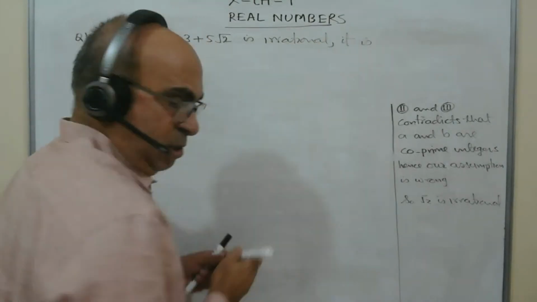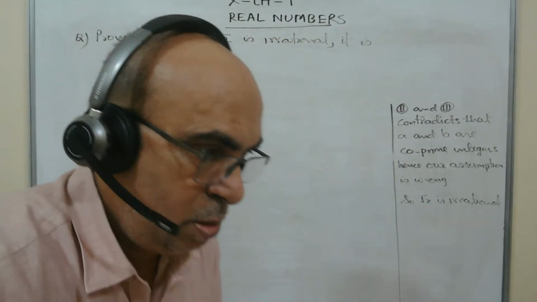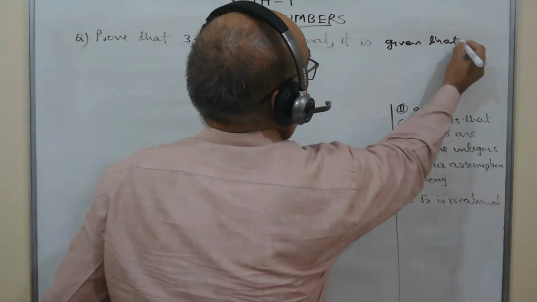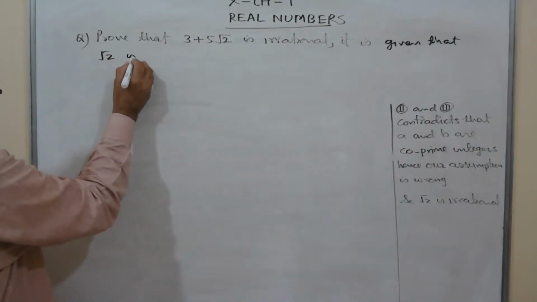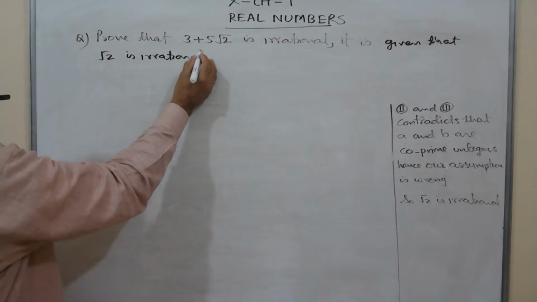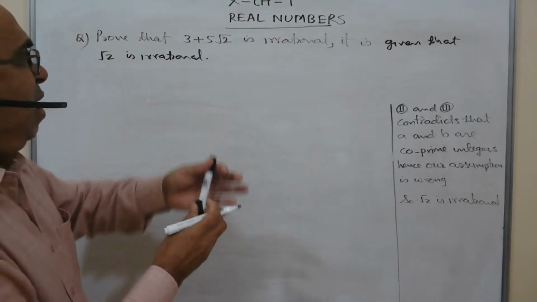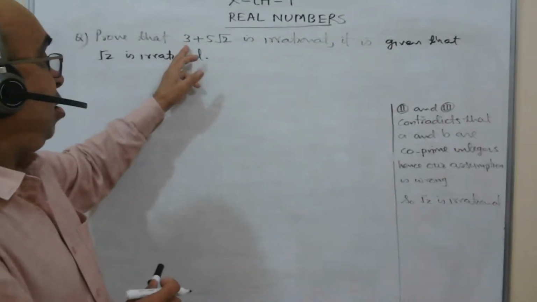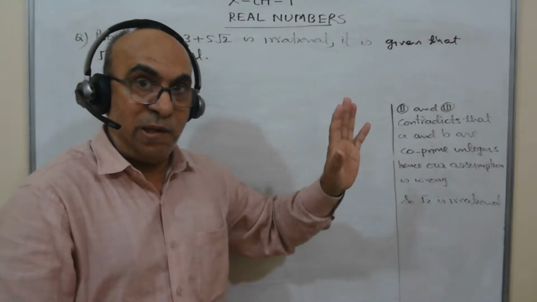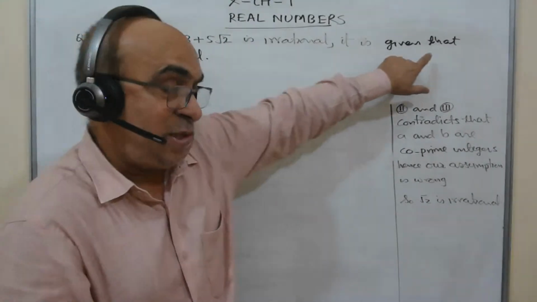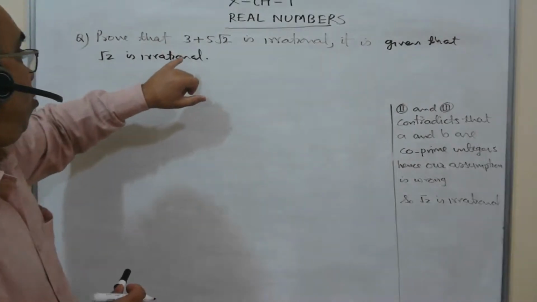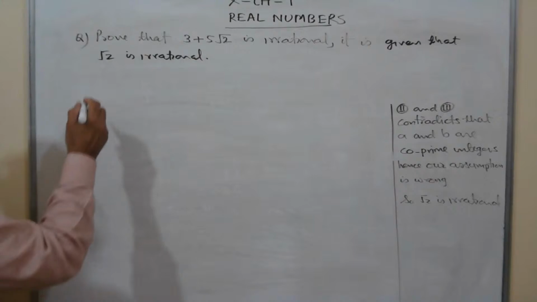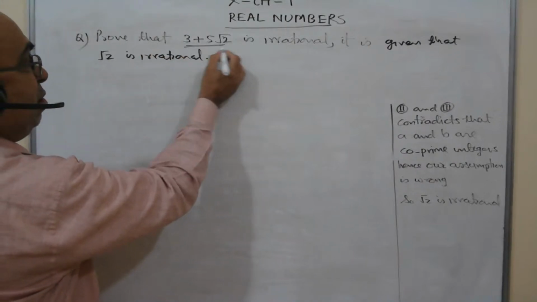It is given that square root 2 is irrational. In your textbook, they just write till here. But in the board examination, they will write this: it is given that square root 2 is irrational. If it is not given, then you will prove it like this only. So same thing, we have to show that it is irrational.